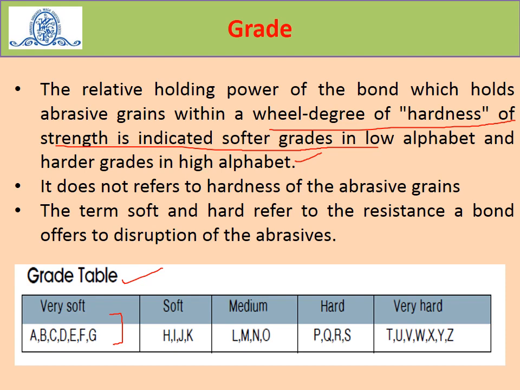H I J K comes under soft. L M N O comes under medium. P Q R S comes under hard. And T U V W X Y Z comes under very hard. Very hard simply means that the holding power of the bond is good.